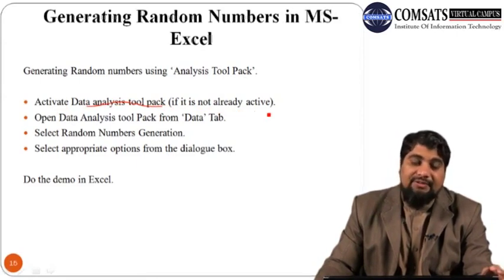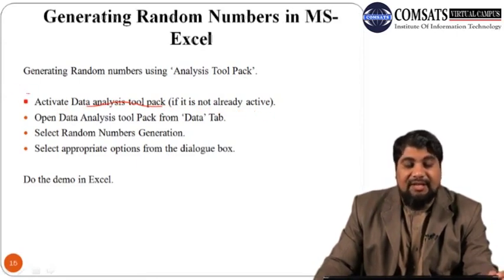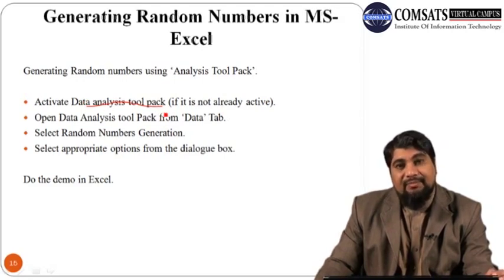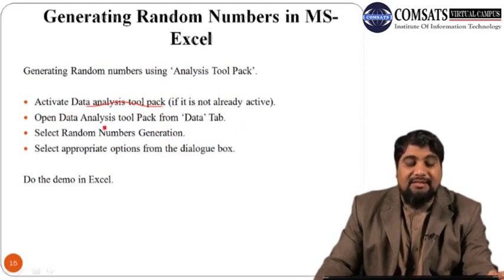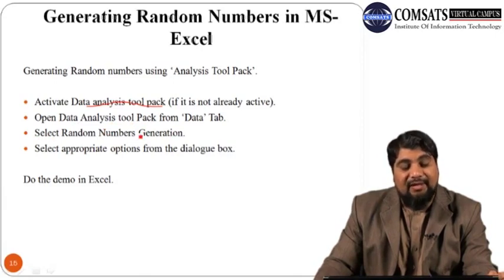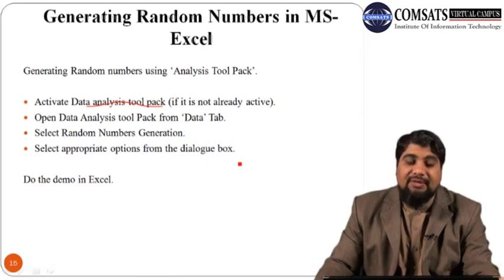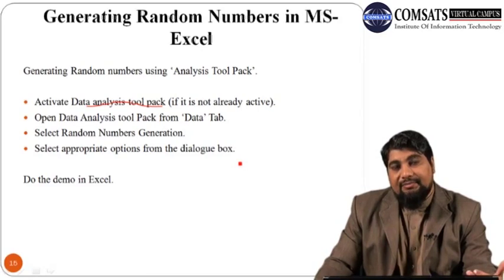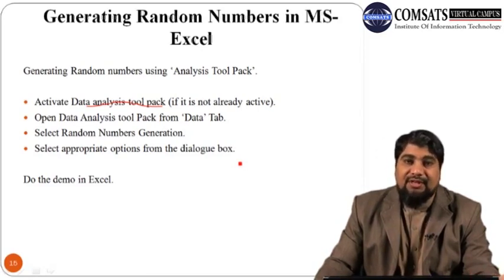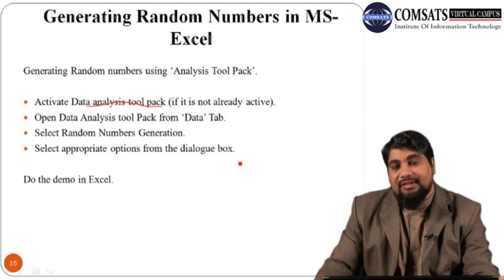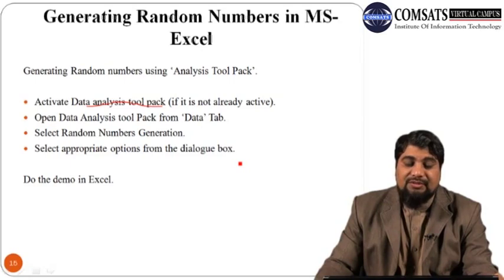Next step is to open the Data Analysis ToolPak from the Data tab, then select Random Number Generation, and then select appropriate options from the dialog box, whether you want to generate uniform random numbers, or random numbers from binomial distributions, or from Poisson distributions, or from normal distributions.